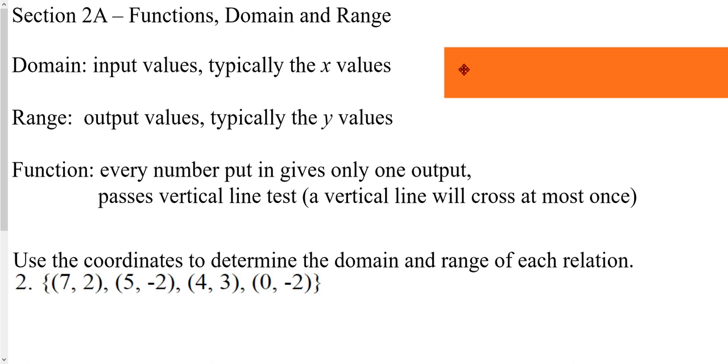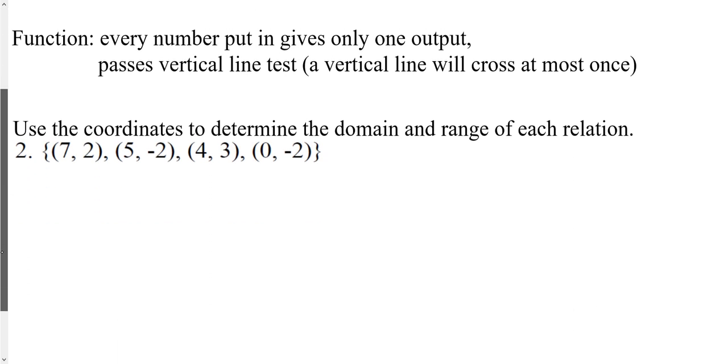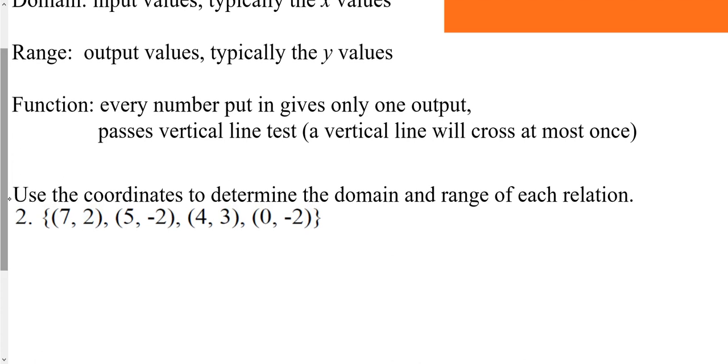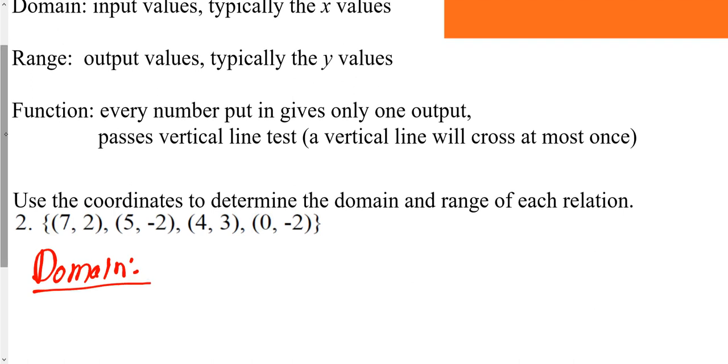Now, down below, let's go ahead and talk about domain and range. Domain. Now, remember, domain is your input, or typically the x values. When you're looking at an ordered pair, your x's are the numbers that come first. So when you're looking at ordered pairs, you just write down your x's as they show up.